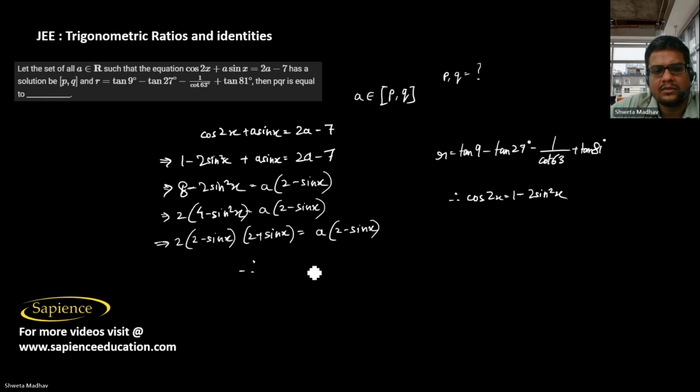Now therefore I can say a value will be 2 into 2 plus sine x. Now sine x value will go from minus 1 to 1.